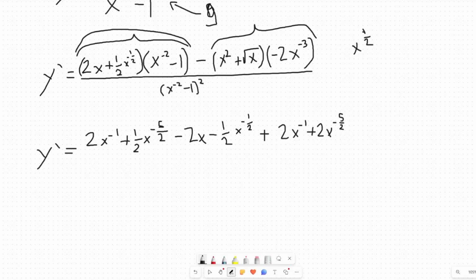Okay. So now you have your 2 massive terms, and then over x to the negative 2 minus 1 squared.